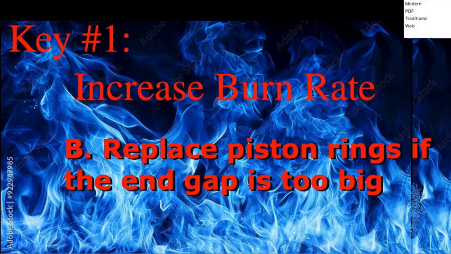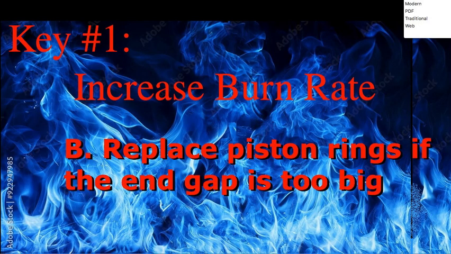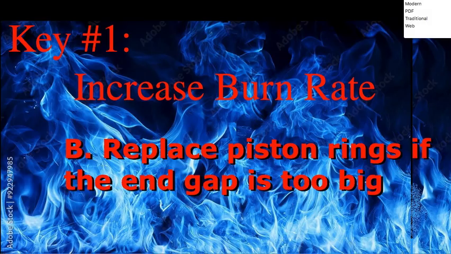B. Replace the piston rings if the end gap is too big. You can check the ring end gap, or if you're going by a compression tester, you can do that. If you measure the compression after breaking in new rings, then you don't want it to be too far down from that due to the end gap becoming too big, which happens when the rings wear.